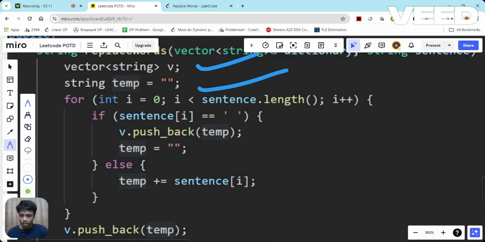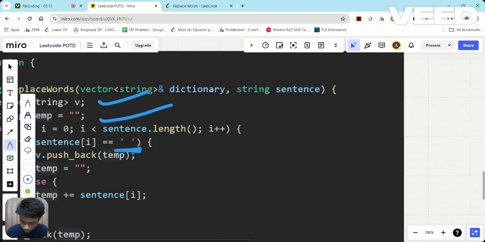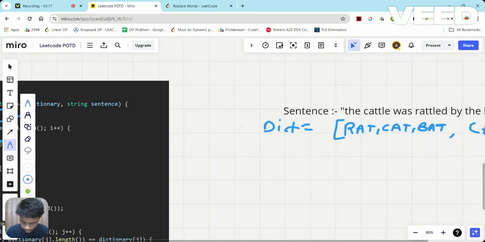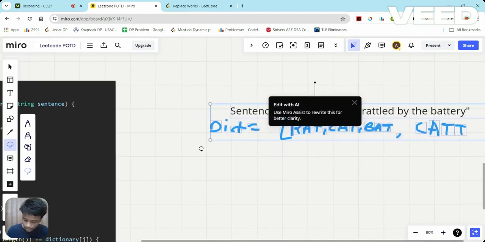The sentence is here, right? I'll copy it and shift it here.